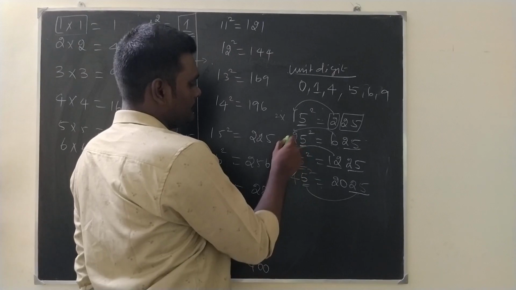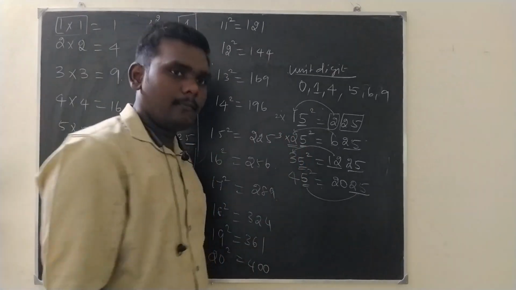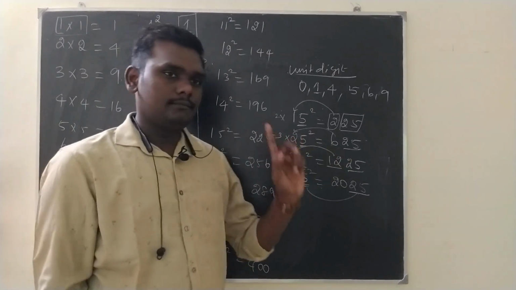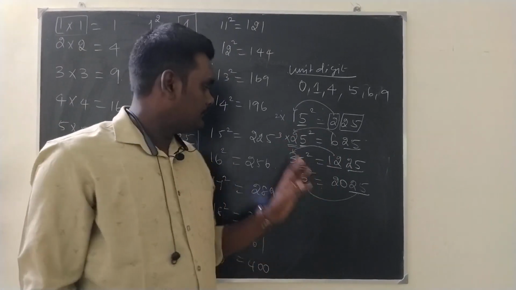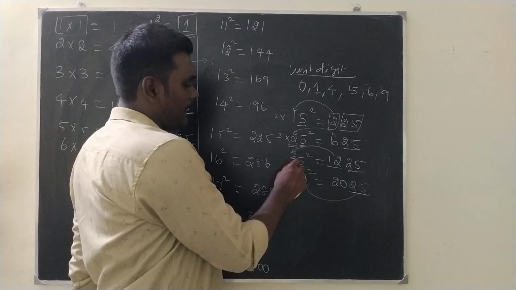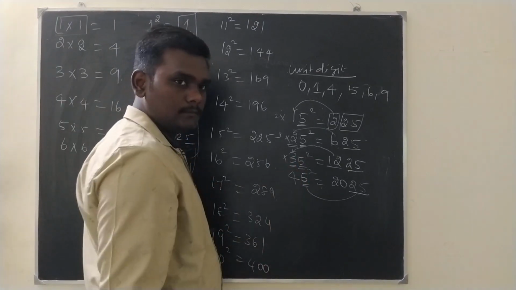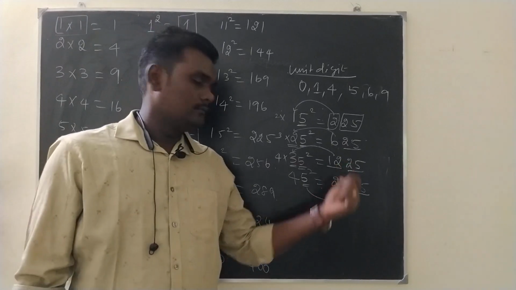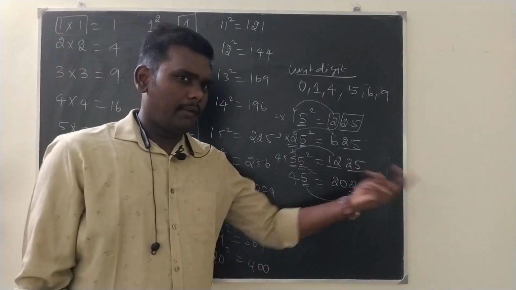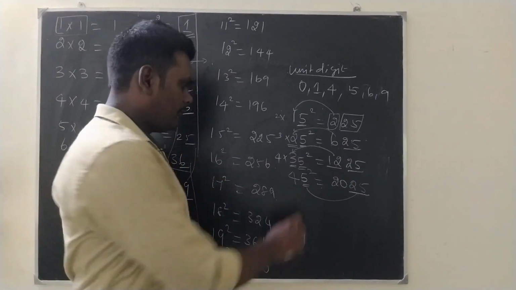Next number of 2. So 3 2s are 6, 625. Next number of 3, 4. So 4 3s are 12, 1225. Next number of 4.